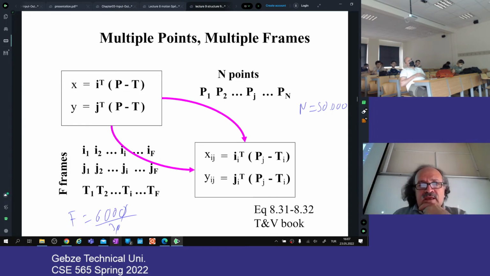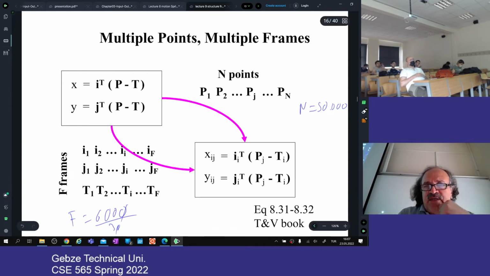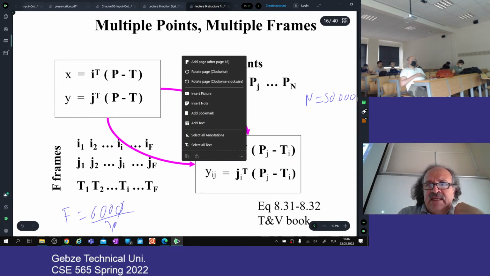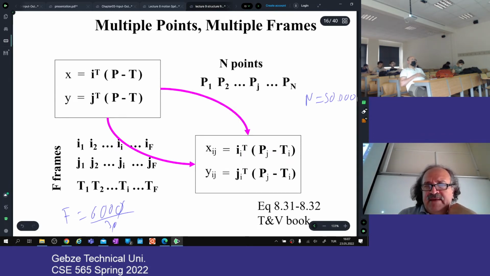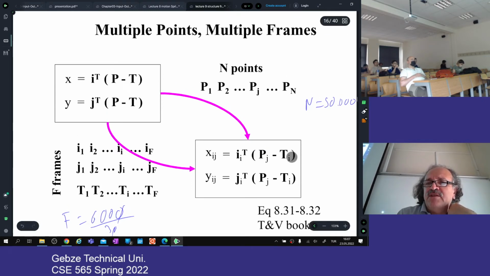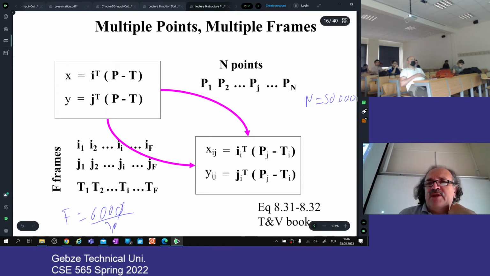So I have this equation set. Let's look at this one. Xij means that i is the frame number, j is the point number.